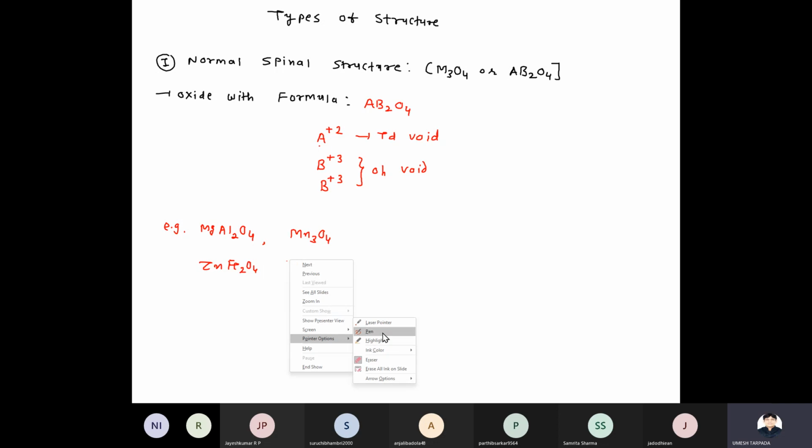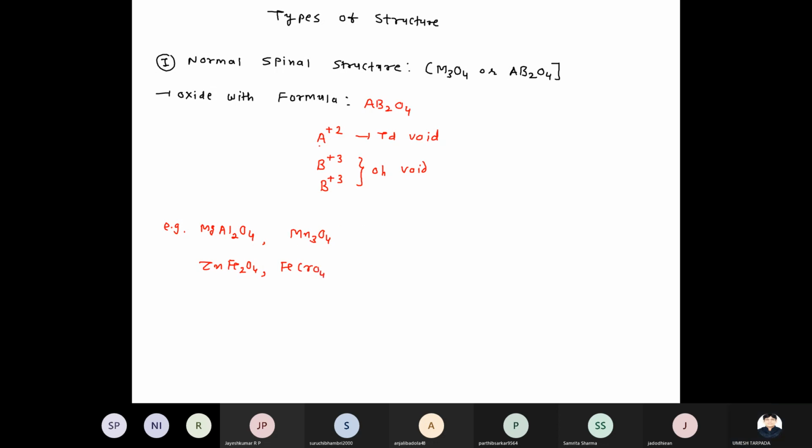In all these cases, see, in the first case, magnesium is in a +2 state. In MgAl2O4, Mg+2 is there and Al+3 is there. So Al+3 occupies the octahedral void and Mg+2 occupies the tetrahedral void.